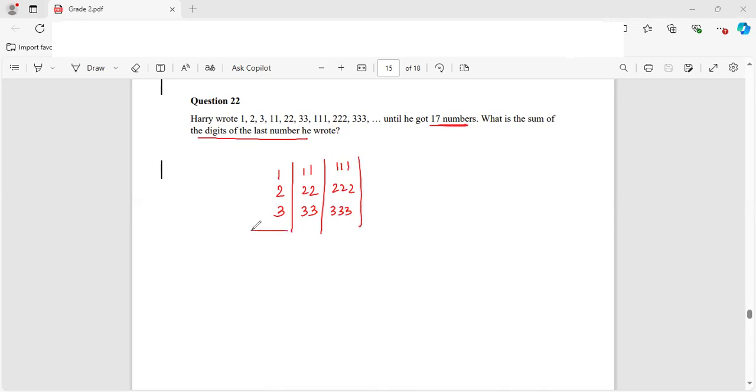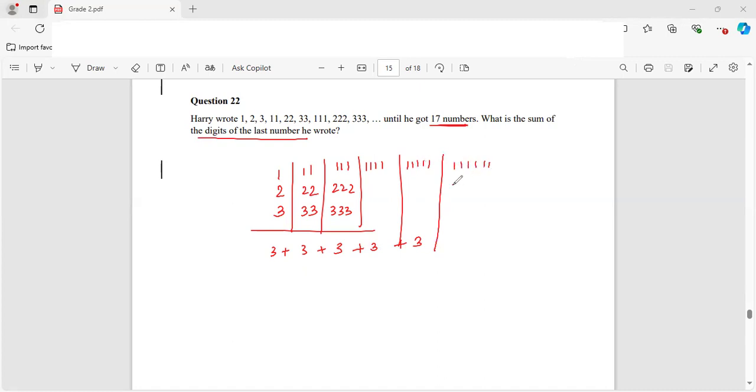So here if you see, I have 3 numbers plus 3 numbers plus 3 numbers. Here you'll have 1111, wherein you'll have 3 numbers with the 4 ones. Again, you'll have 3 numbers. So this is 3 plus 3, 6, 9, 12, 15. Then you'll have 11111, you have 5 times.